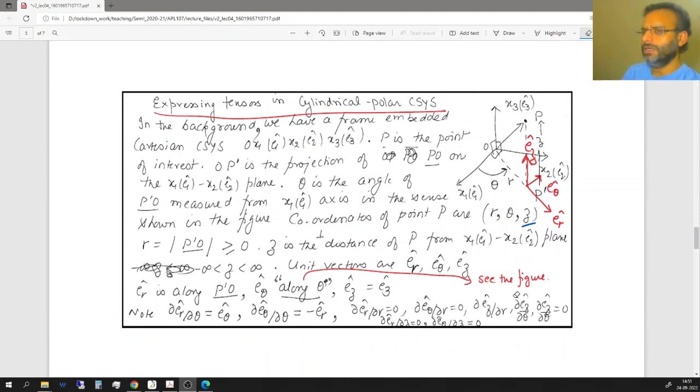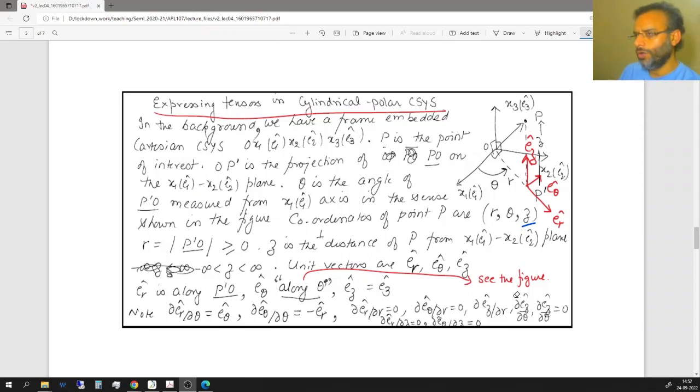While dealing with the governing equations of fluid motion, sometimes we are required to express various tensors not only in the Cartesian coordinate system, which we have seen earlier, but also in other coordinate systems.